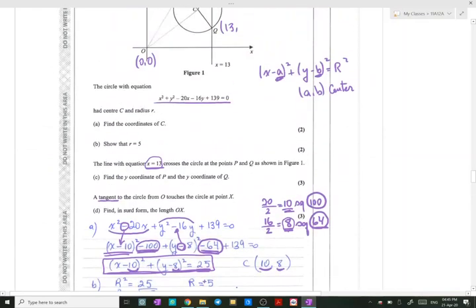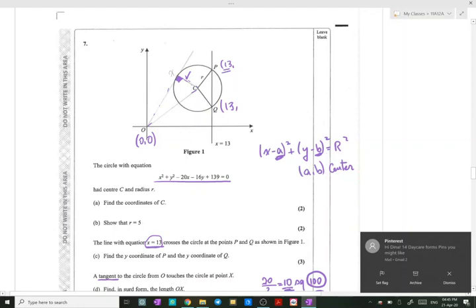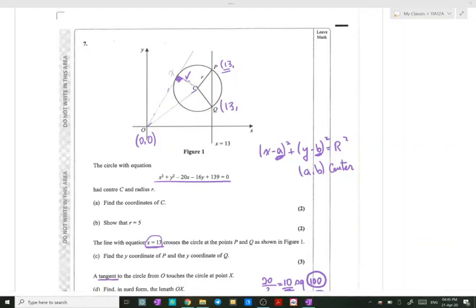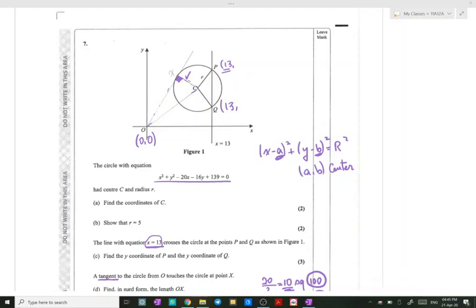Then, since we have triangle OCX, if you look at the figure, you notice that OCX is a right triangle. Since it is tangent, the tangent makes a 90-degree angle with the radius of the circle. Therefore we have CX, which is the radius, and we found the hypotenuse OC using the distance formula.